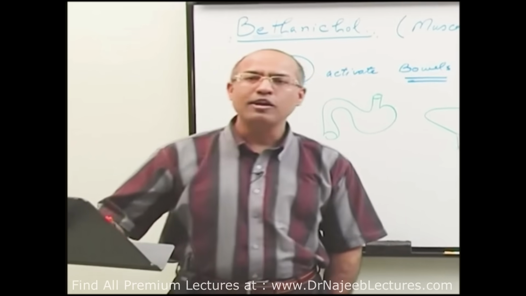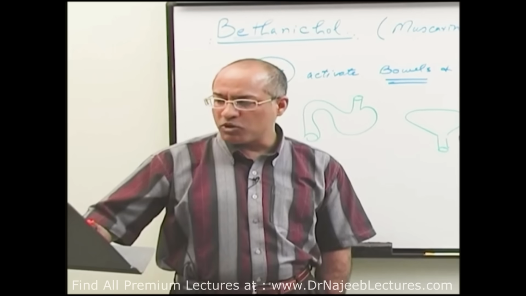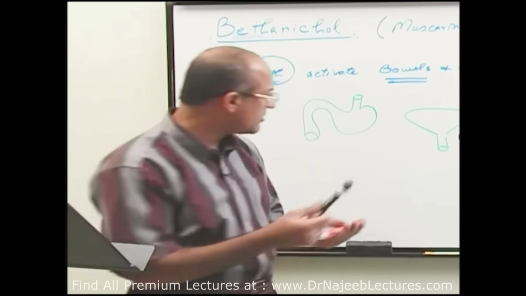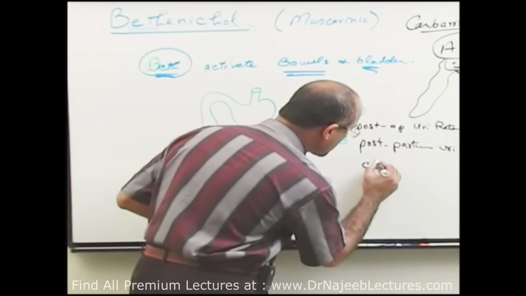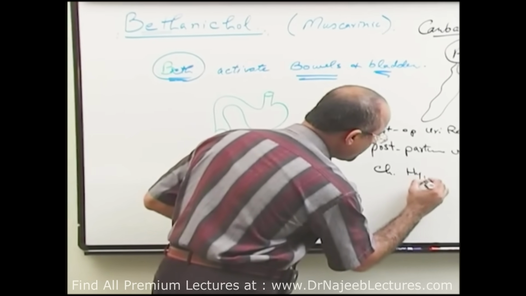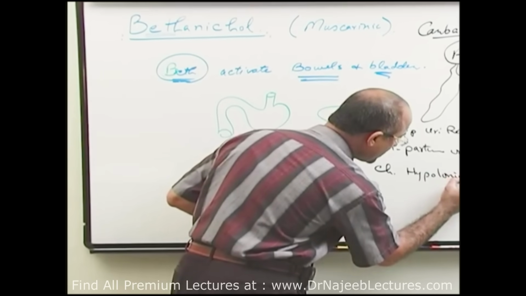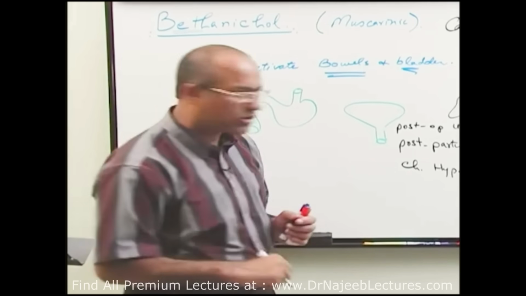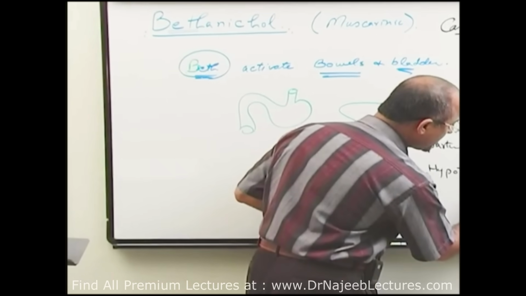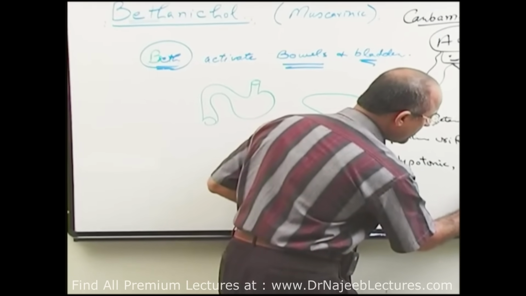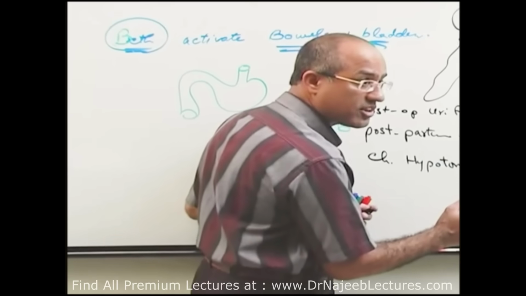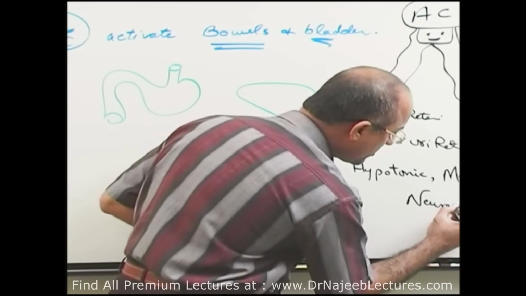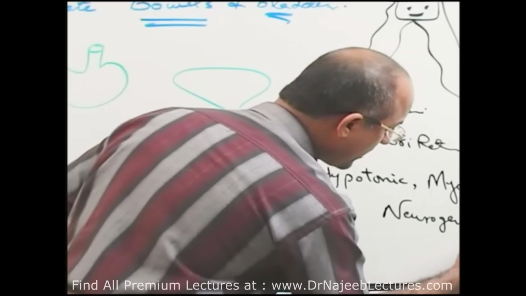Then in some other chronic hypotonic or myogenic or neurogenic bladders, in different diseases, urinary bladder detrusor becomes hypotonic, it does not contract well, or myogenic, that muscle, detrusor, is not contracting, or neurogenic bladder.